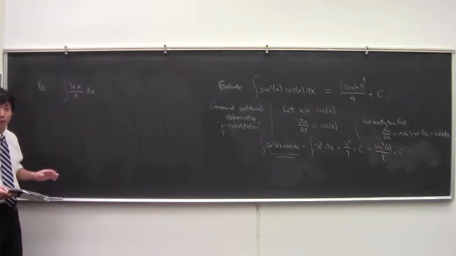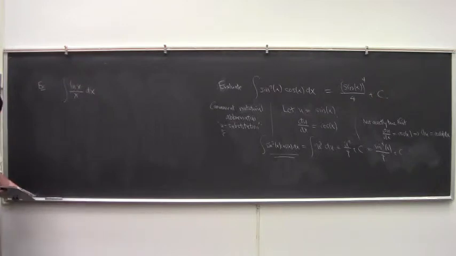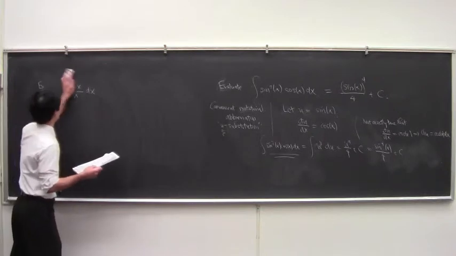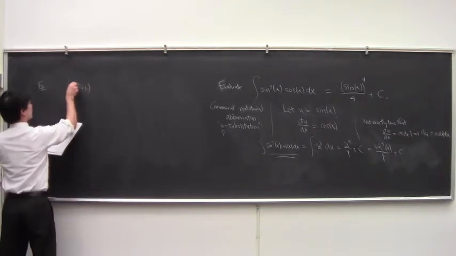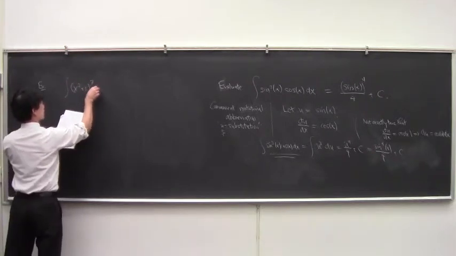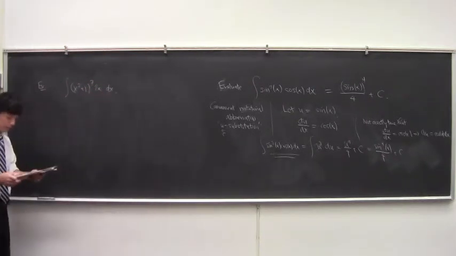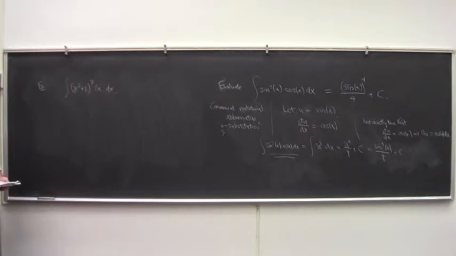So choose your u wisely. Let me start off with the simpler ones. The derivative of x squared plus 1 equals 2x. Take half a minute and see if you can get it.